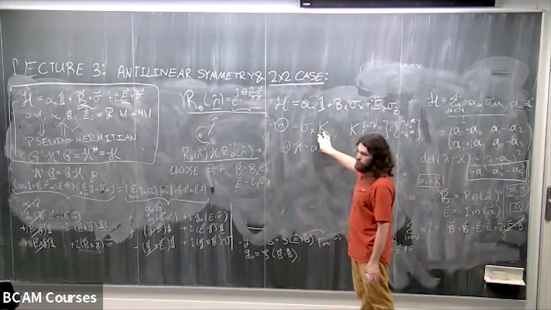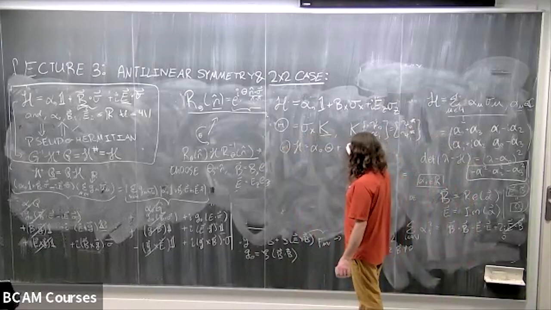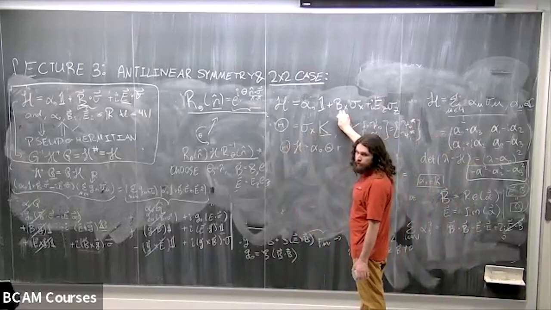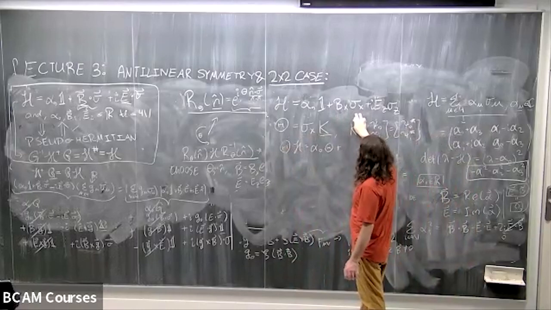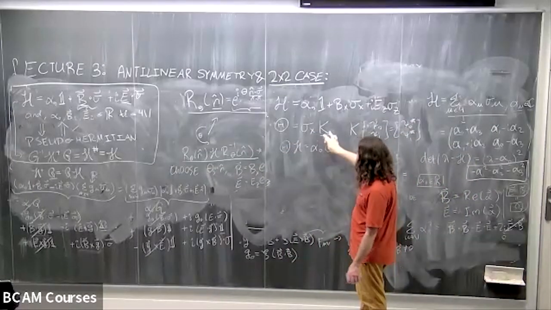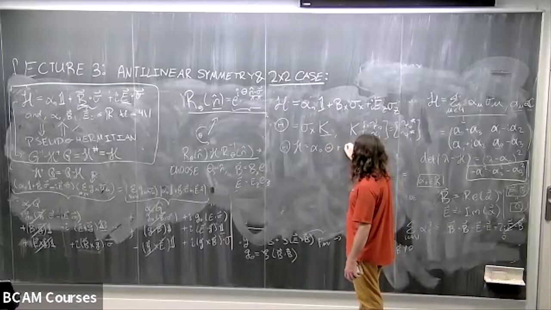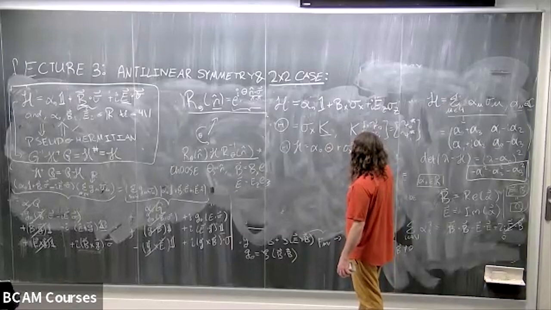Alpha 0 is real, so I don't have to worry about this complex conjugation doing anything on it. Plus, so this is real. And sigma x as a matrix has real coefficients, so I can commute this canonical conjugation with it, and I get sigma x squared a bx.